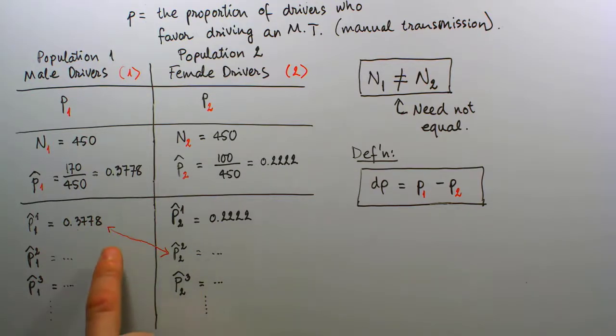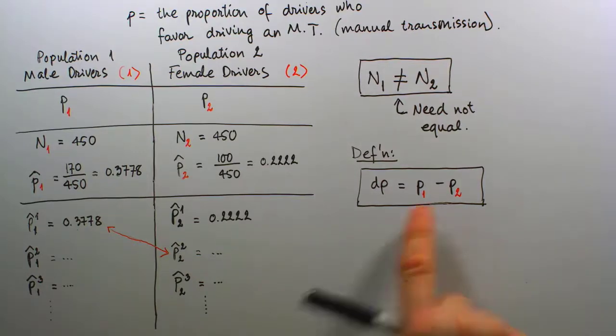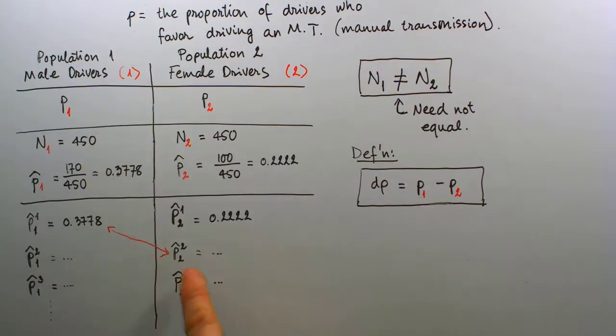So this line connecting the p̂1 first sample with the p̂2 second sample indicates that I can create a difference, and again, the convention here is the value from population 1 minus the value from population 2.